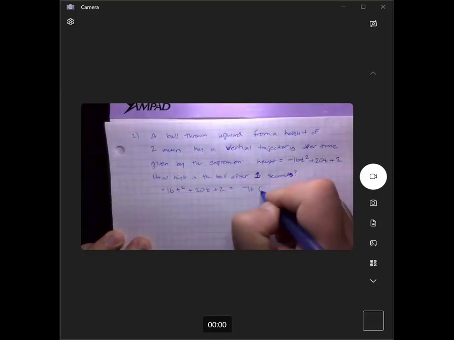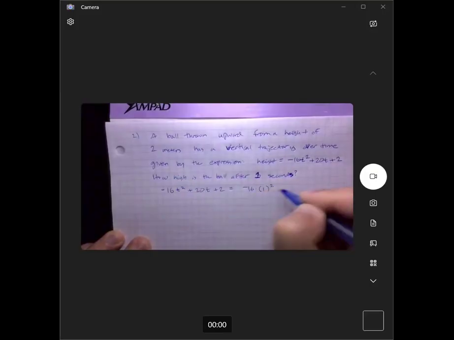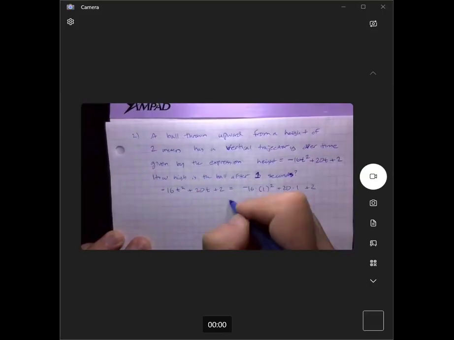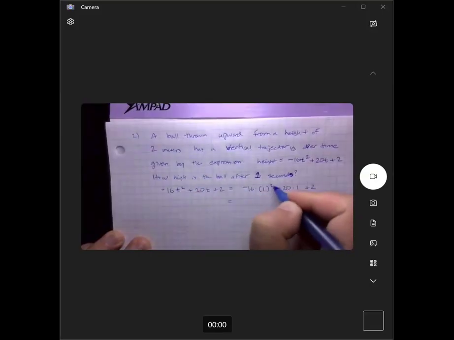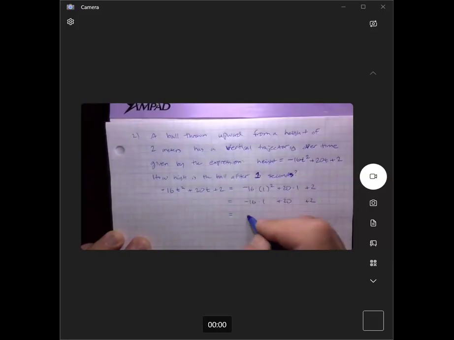So we have minus 16 times 1 squared plus 20 times 1 plus 2. 1 squared, 1 times 1 is 1, so that's minus 16 times 1 plus 20 plus 2, minus 16 plus 20 plus 2.